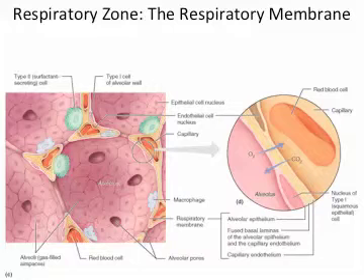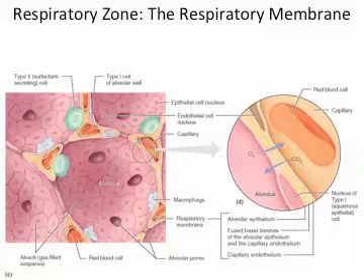So this is a cartoon that shows an alveolar sac. On the left-hand side of the cartoon, you can see there are several alveoli. In the center of the cartoon on the left side it says alveolus, so that's just the space in the alveolus.